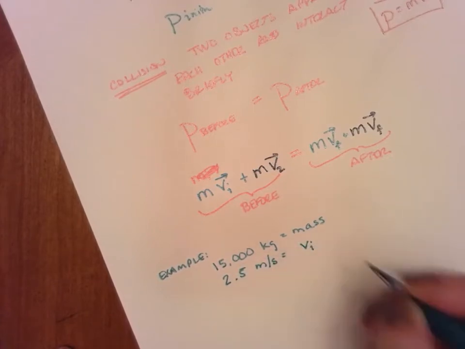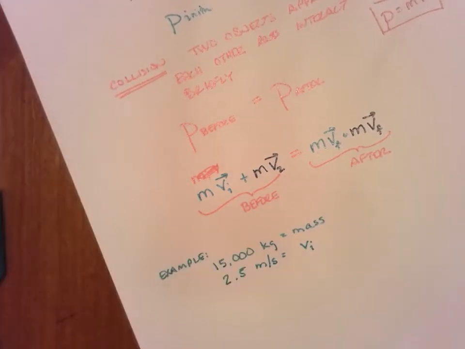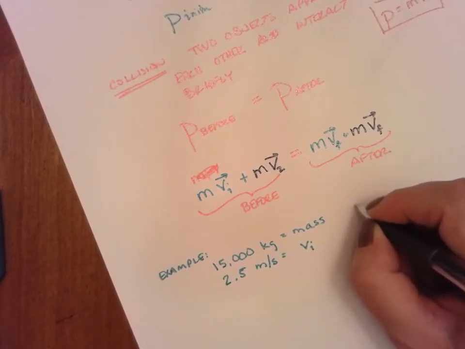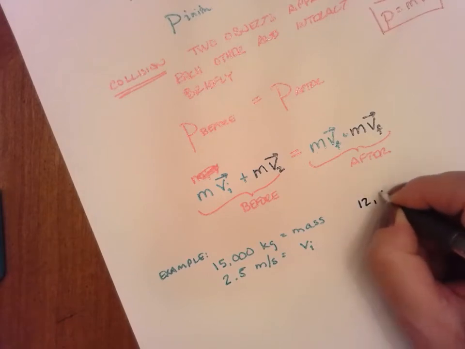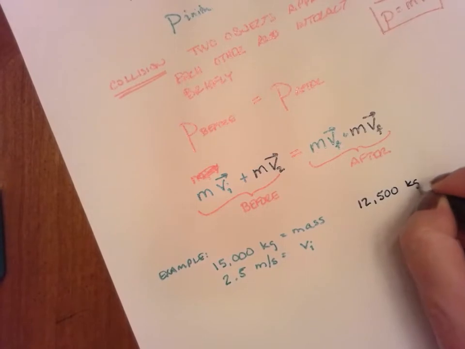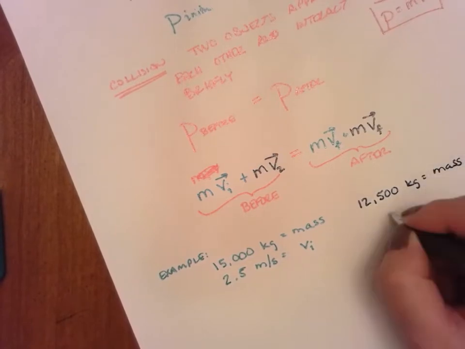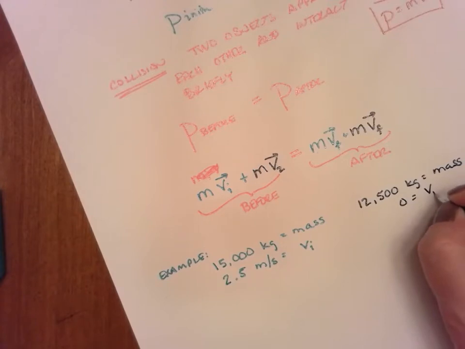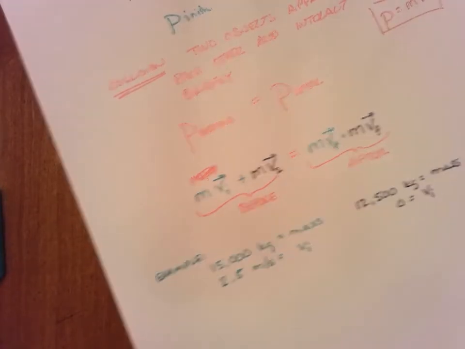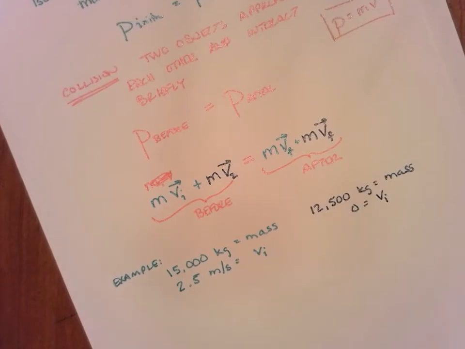That's my initial velocity. It's going to collide with a stationary car of mass 2. There's my two railroad cars that are colliding. They're on a railroad track, so their vectors are going to be on the same line.